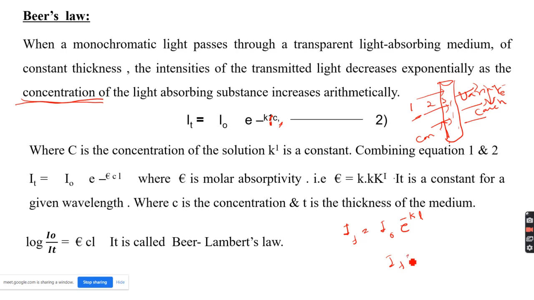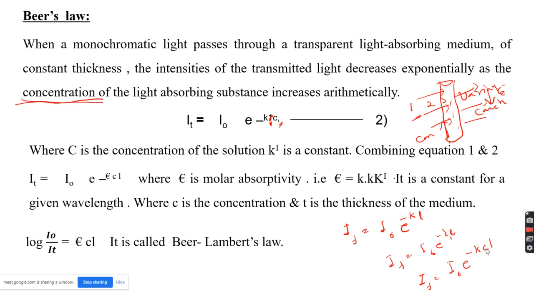This one is It = I0 e^(-KC). Some terms are the same, so we can write It = I0 e^(-KCL).